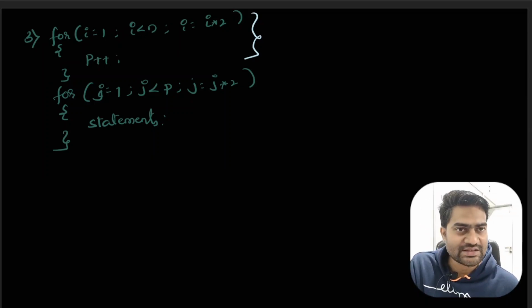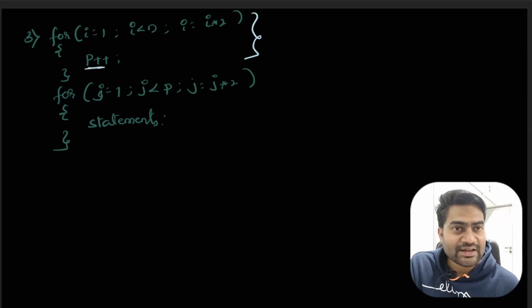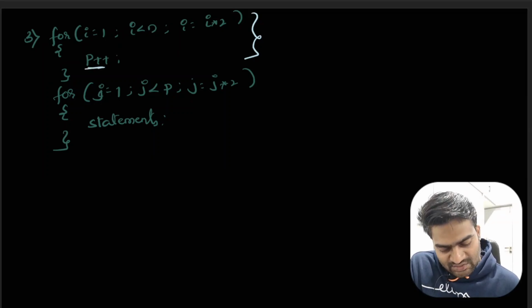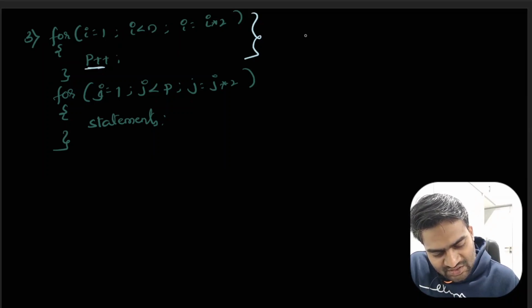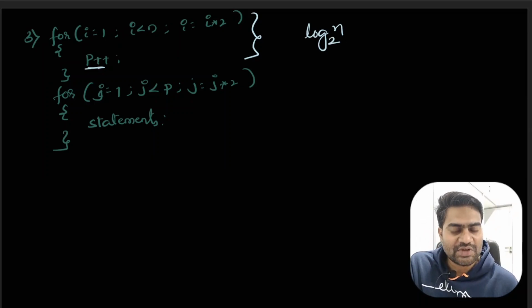So this stops when I becomes n. But what is happening inside? For each iteration, p is getting incremented by 1. So it means this particular loop executes for log n to the base 2 times.